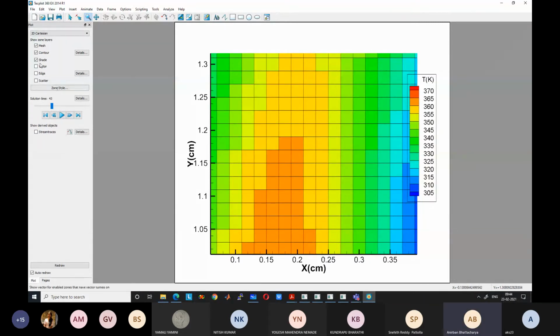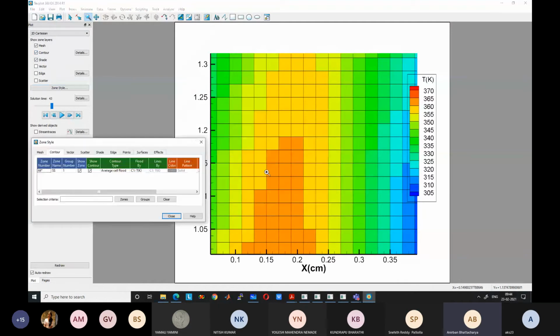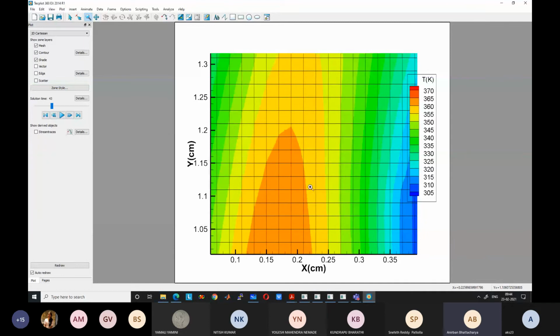Now, what is done in typical software is that instead of showing discrete values, there is interpolation while plotting the value. If you use ANSYS, you will see that there is interpolation while plotting, and the values look like there is a nice variation occurring. Here you can see that there is change within the control volume also, but this is not the output of the code or of the software.